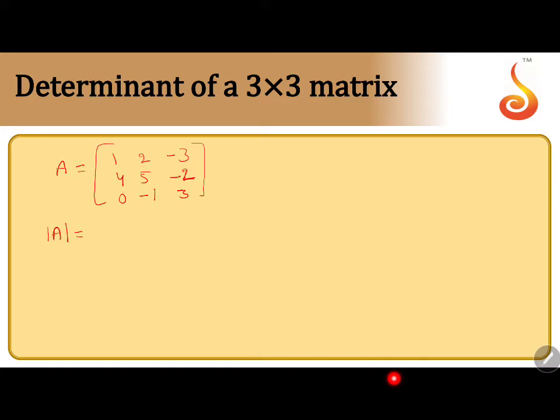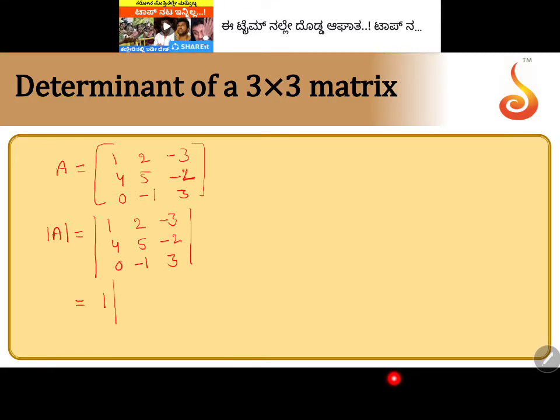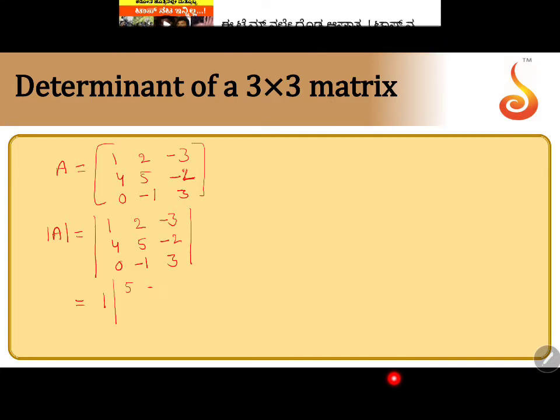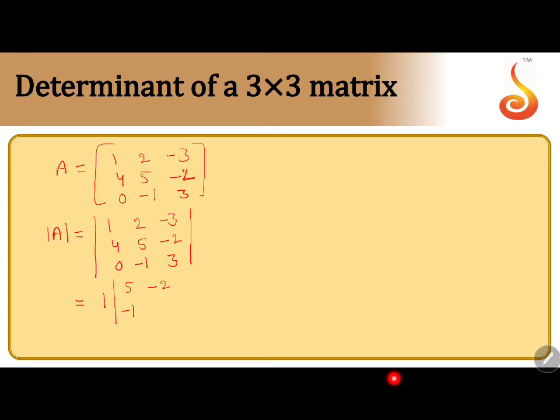So det A is equal to, we need to write the matrix 1, 2, minus 3, 4, 5, minus 2, 0, minus 1, 3. So as we discussed in the definition, first element positive sign as it is we write. Now eliminate first row and first column: 5, minus 2, minus 1, 3.